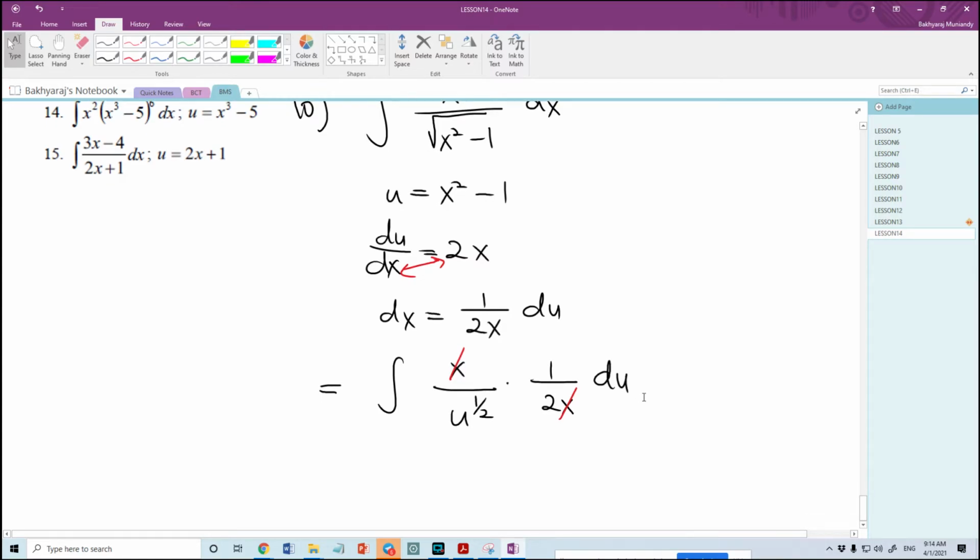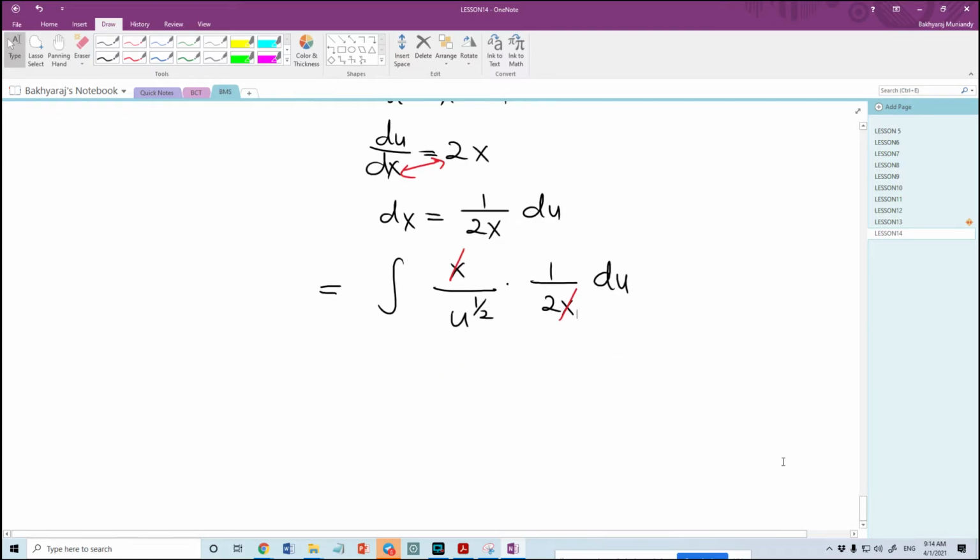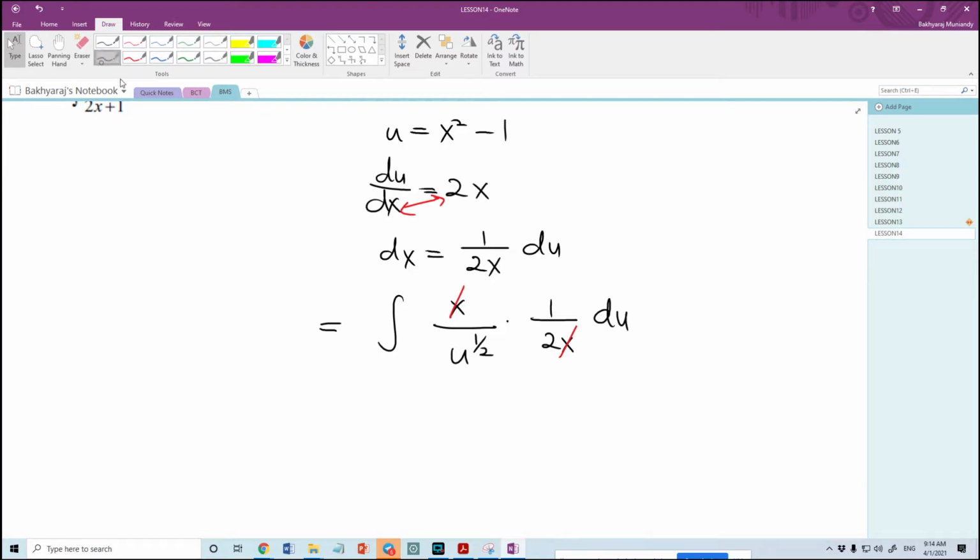Okay, next, I'm going to integrate. So the integration will be equal, integrate. So I bring it as a negative power. So u, but here we have a constant, right? So constant we put in front. Constant will be 1 over 2 integrate, and here we have u power of negative 1 over 2 du. Because negative power, because denominator, right?